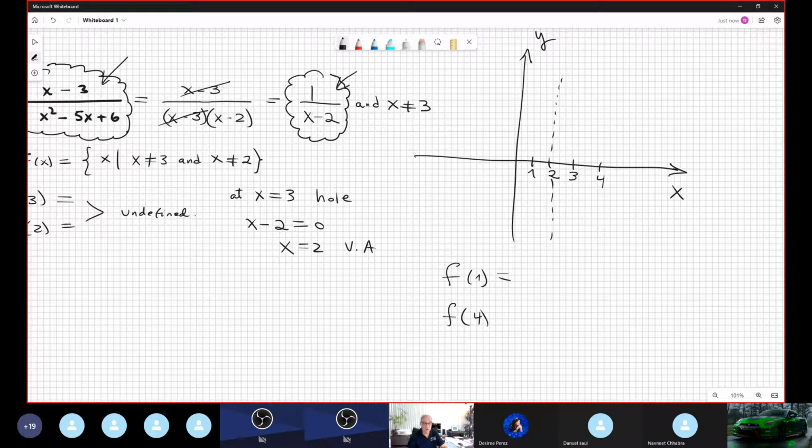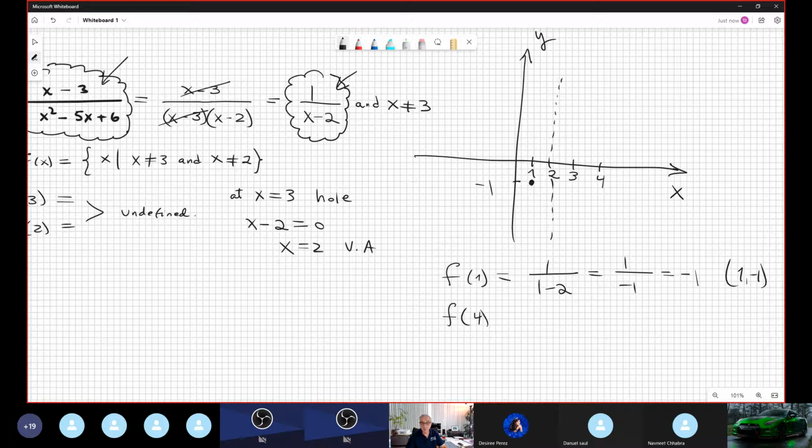I prefer that way because it's easy. So 1 minus 2, so 1 over -1 is -1. And the point is the point 1 comma -1, and the y-axis is this.